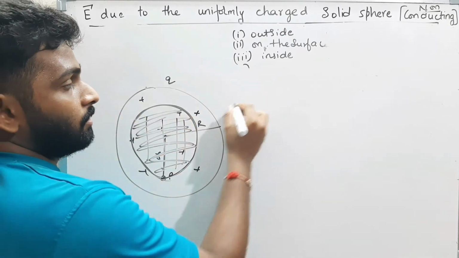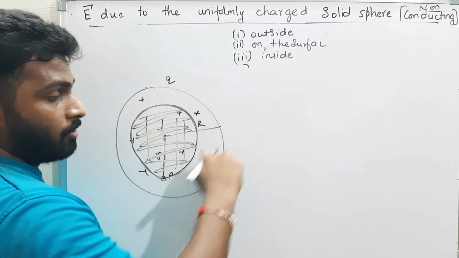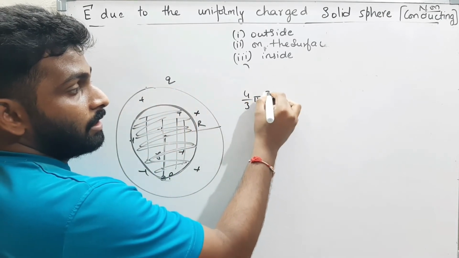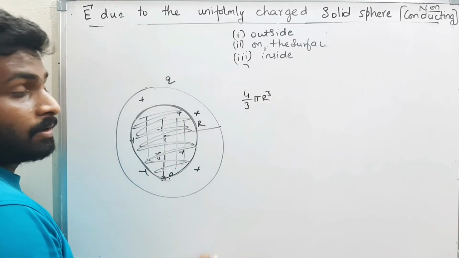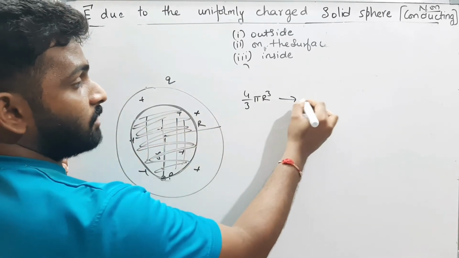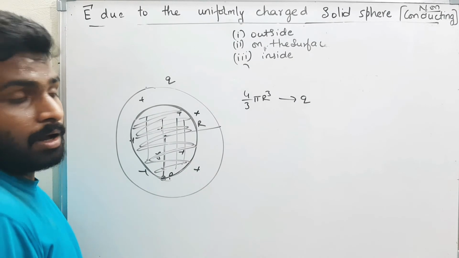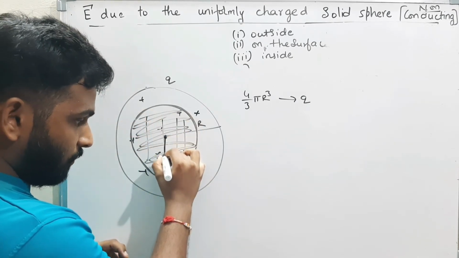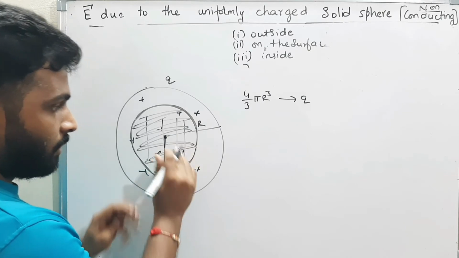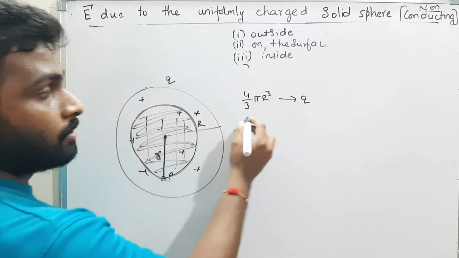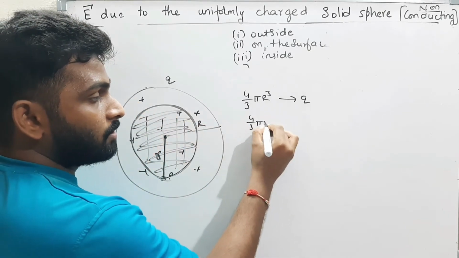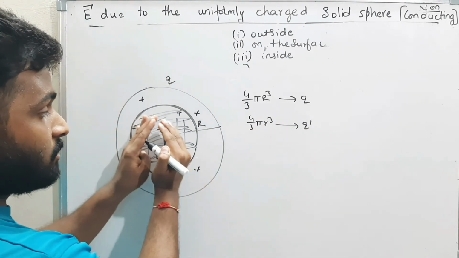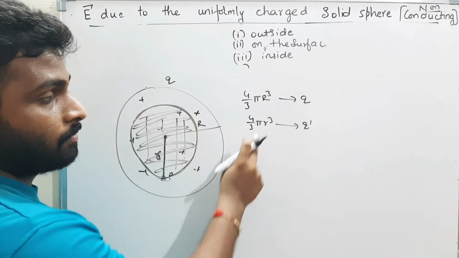Now see. For the whole volume, what is the volume? 4 by 3 pi R cube. For the whole volume, the charge is Q. And for this much volume, the radius of the spherical body is small r, so the volume is 4 by 3 pi small r cube. What is the charge present in this much volume? That is Q dash.